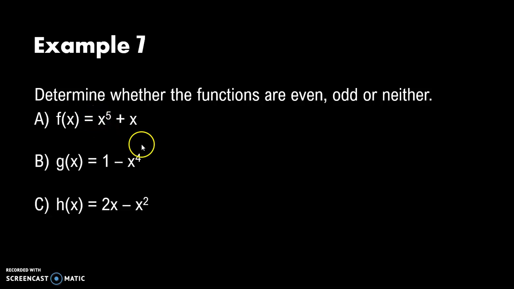So this is going to have a negative sign. And x to the 1st power, when you put a negative in there, it's going to change this sign as well. So this is what it would look like. Notice that all of the signs changed. This sign changed and this sign changed. So that makes it an odd function. So pause the video, try B and C, and then press play to check your answers.